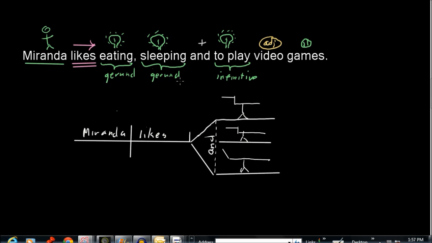And when you write a gerund on top of the platform, you do it as though they're kind of falling down the step there. So we have eating, it's our first gerund. We have sleeping. And then we have our infinitive form, to play.